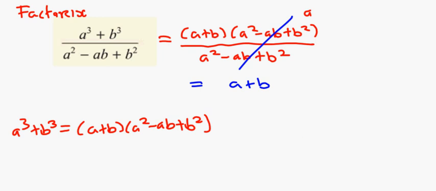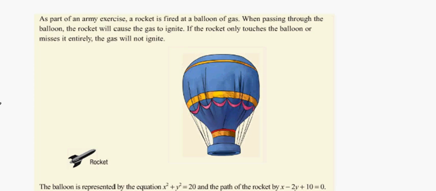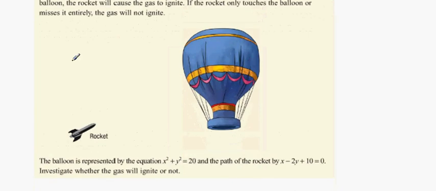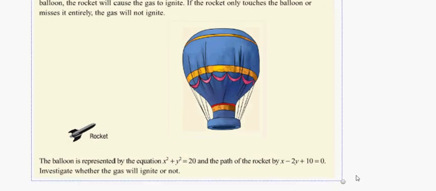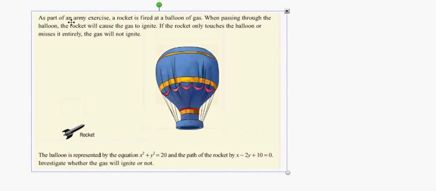The next one is a quadratic linear simultaneous one. So what we can see here is we have a rocket, and as part of an army exercise, the rocket is fired at a balloon of gas. When passing through the balloon, the rocket will cause the gas to ignite. If the rocket only touches the balloon or misses it entirely, the gas will not ignite.